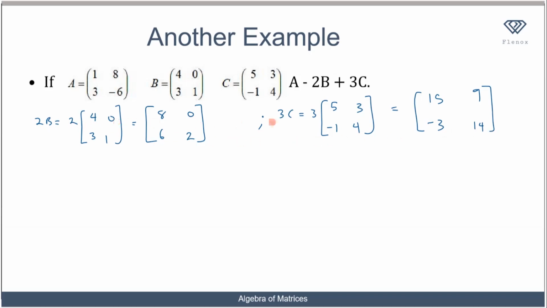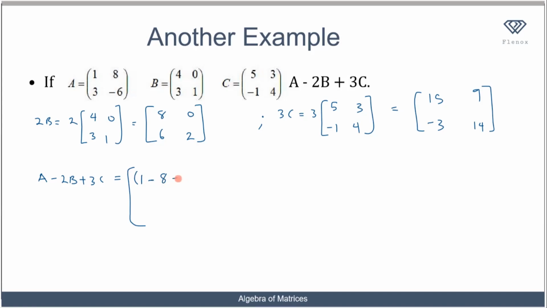So now that we have found the value of 2B and 3C, we can now find the value of A minus 2B plus 3C. So now that will be equal to what? It's going to be a 2 by 2 matrix also. In the first cell here, we have the A value, which is 1, minus the 2B value, which is 8. So 1 minus 8, and the 3C value is 15.